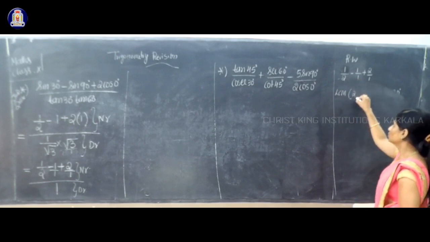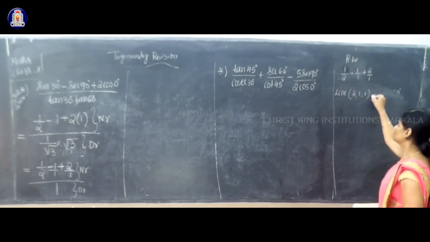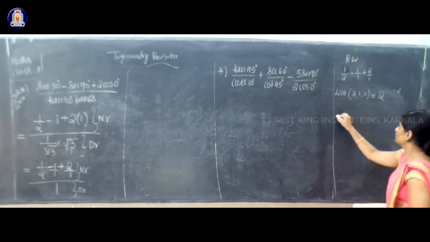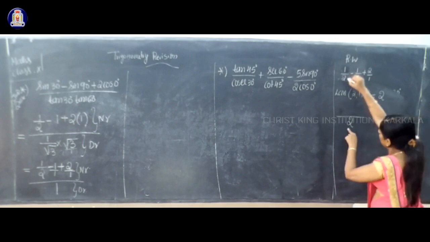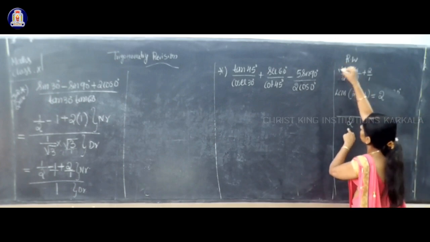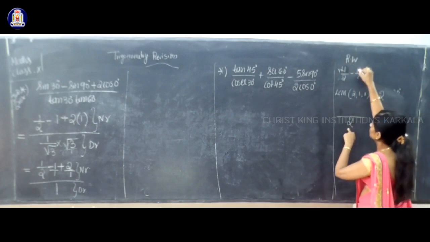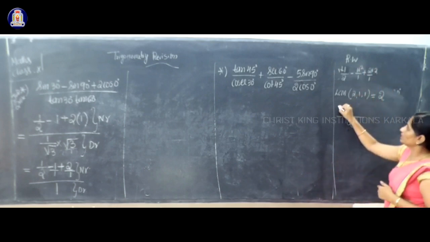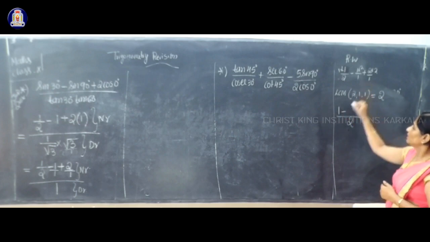LCM of 2, 1, 1 is 2. 2 ones are 2, 1 twos are 2, 1 twos are 2. So 1 into 1, next minus 1 into 2 is 2, next plus 4.